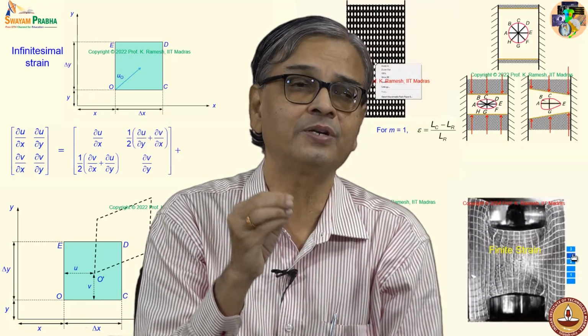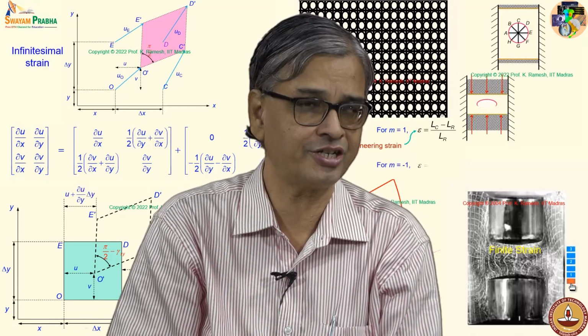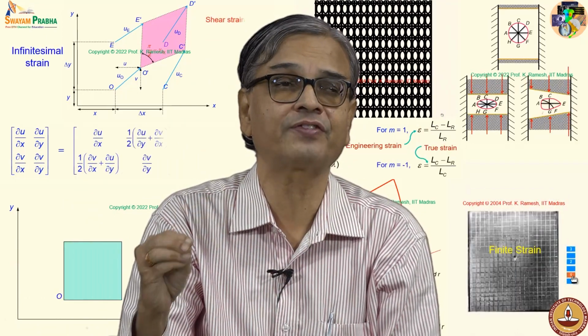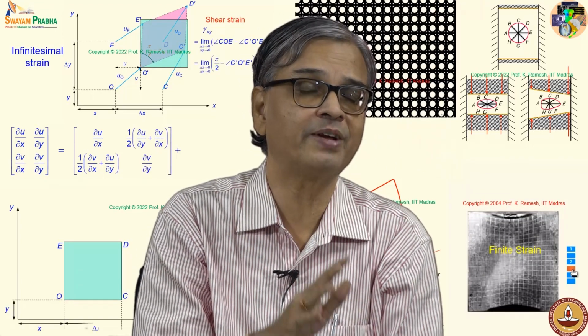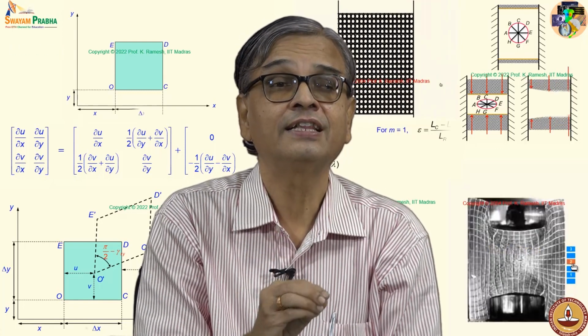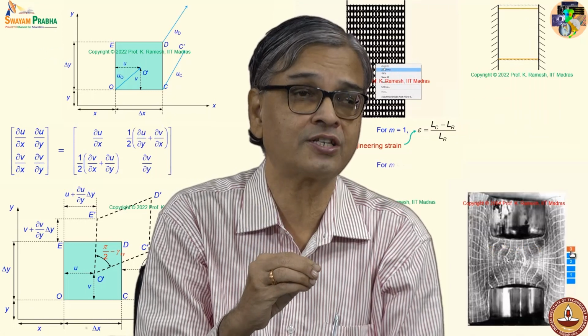We have looked at principal strain magnitudes and principal strain directions. When we go from one axis of reference to other axis of reference, the same transformation law is applicable. And we have also recognized that you can have a relative displacement that's not contributing to strain.